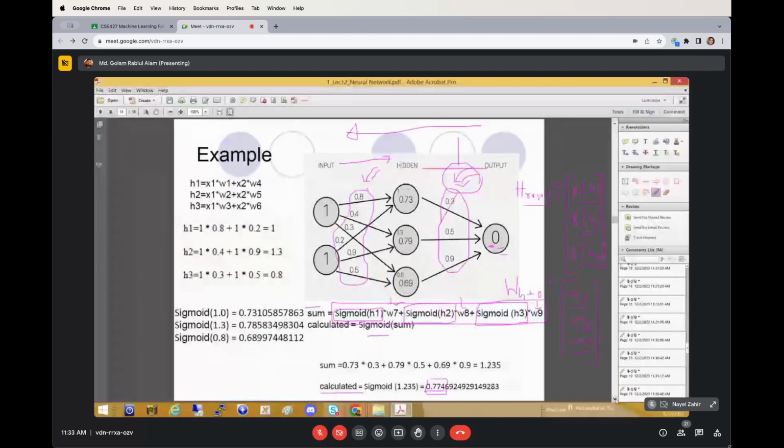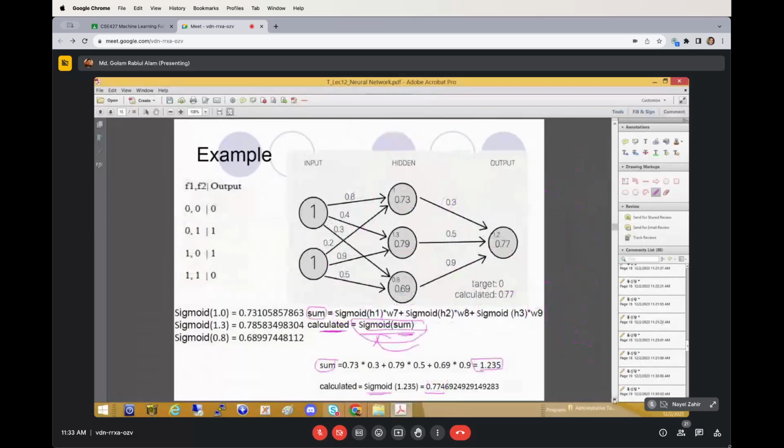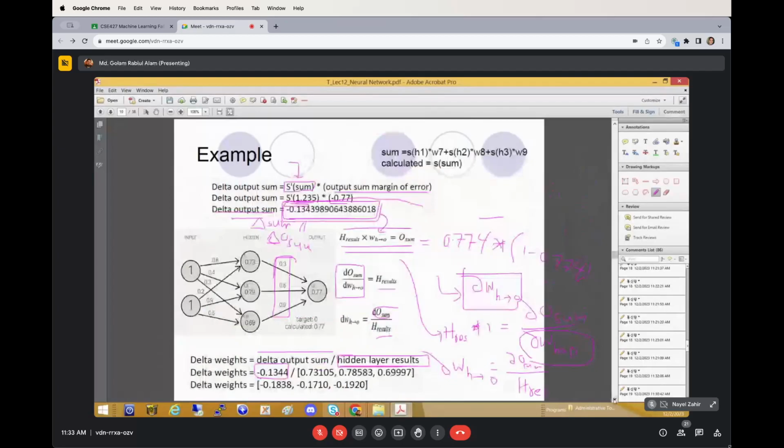Here the hidden layer results are sigma of H1, sigma of H2, and sigma of H3. Sigma of H1 is 0.73, sigma of H2 is 0.79, and sigma of H3 is 0.69. So we have already calculated those values, which means we can use them from the forward propagation.